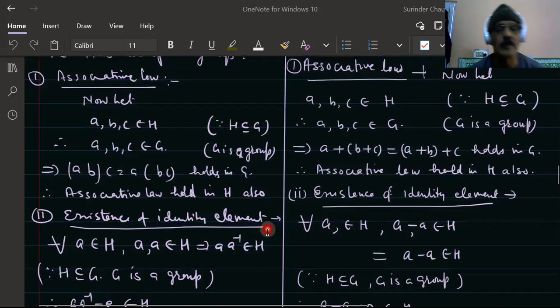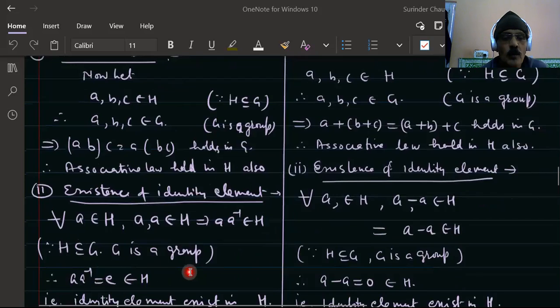Existence of identity element. For all a belongs to H, a and a also belong to H. You can write it this way. For all a belongs to H, a a inverse belongs to H. So a into a inverse is equal to e, as H is a subset of G and G is a group.